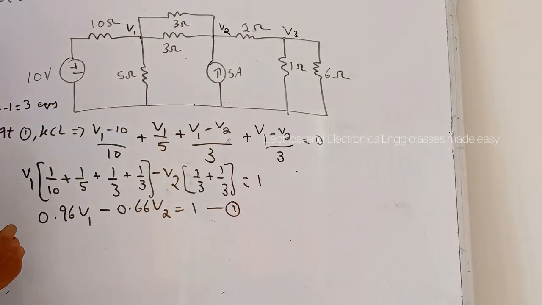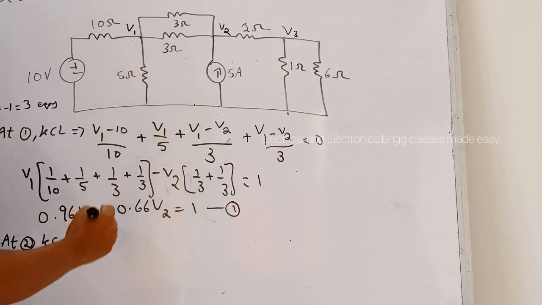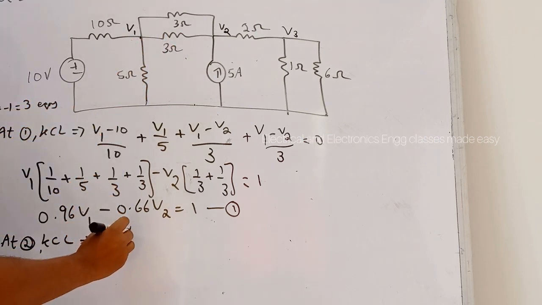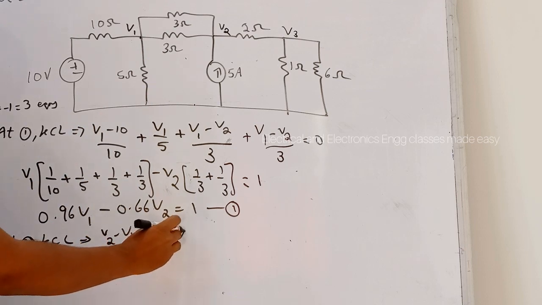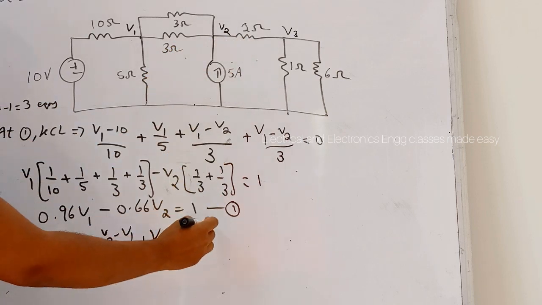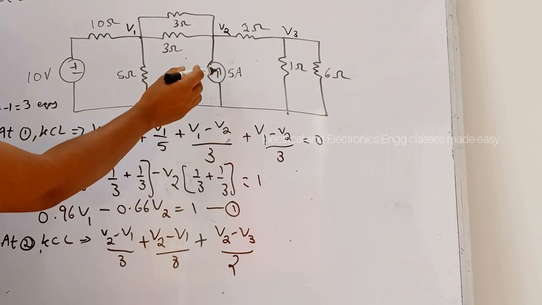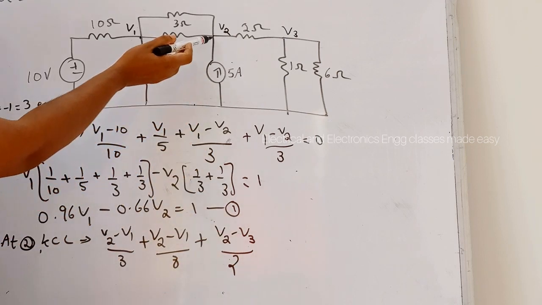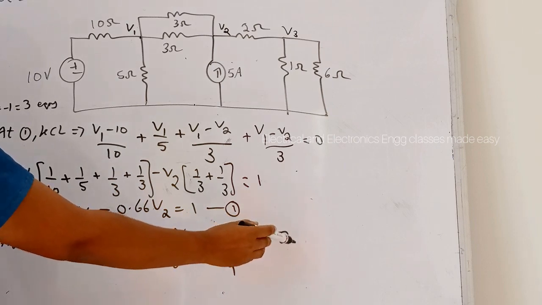Then at node 2 applying KCL, we will get V2 minus V1 divided by 3, again V2 minus V1 divided by 3, plus V2 minus V3 divided by 2, and here 5 ampere is towards this node, so equal to 5.